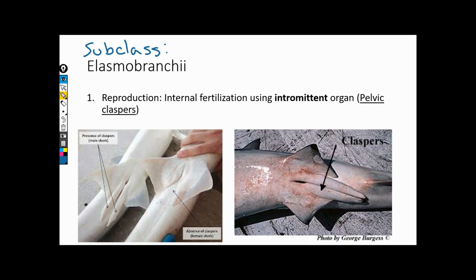This both holds on to the female, hence its name, we're clasping, and they can use them to literally act like a slide, or a tube, to help funnel their gametes into the female. So we're getting much higher efficiency of successful gametic transfer.